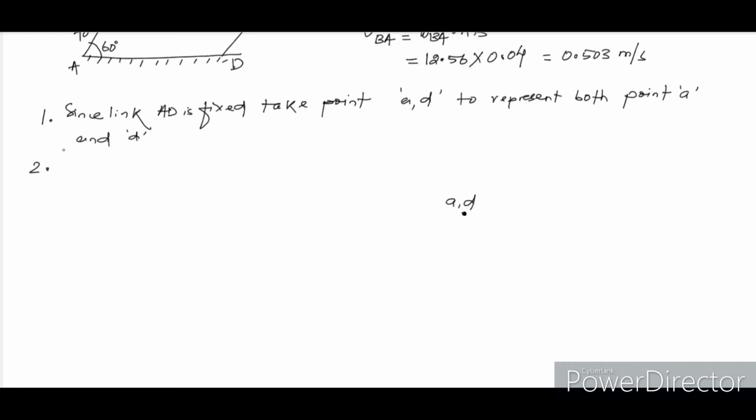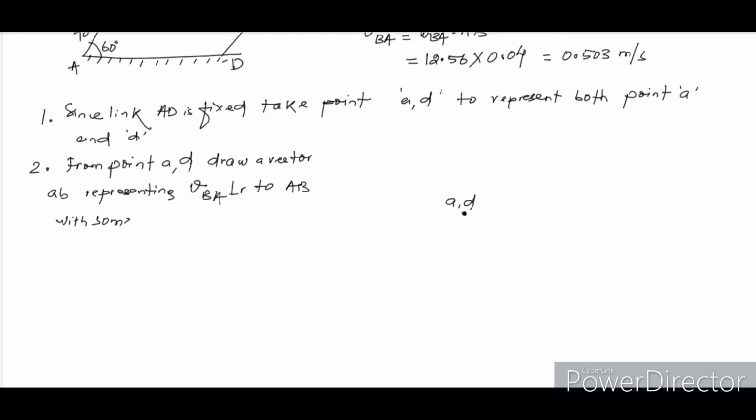Now the second step is, from point AD, draw a vector, small ab, representing velocity of point B with respect to A, which should be perpendicular to AB, with some scale.